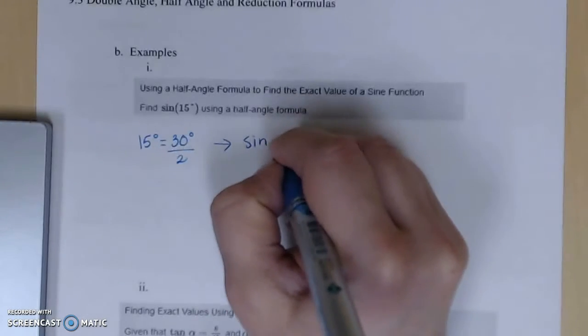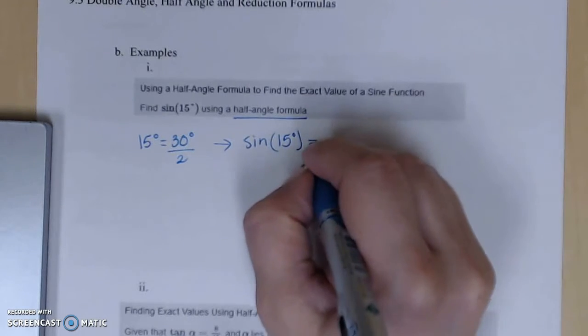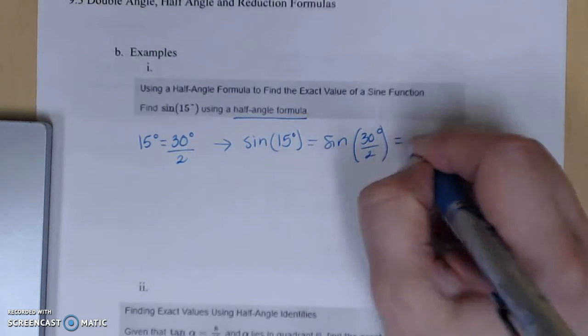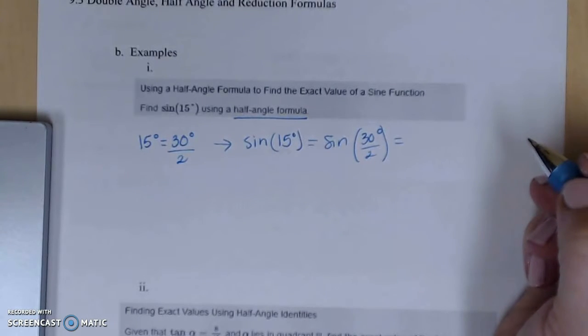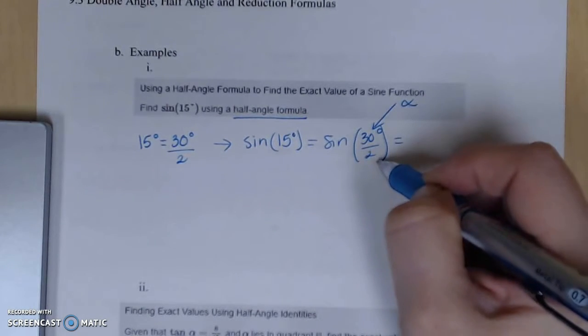So if I'm trying to find the value of sine of 15 degrees using a half angle formula, I'm going to consider this to be sine of 30 degrees over 2. Then I can accurately execute my half angle formula because you can see that this is going to be my alpha over 2.